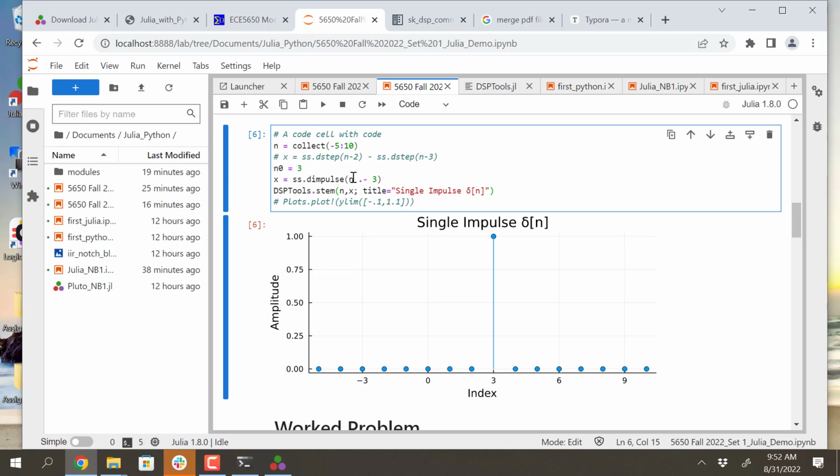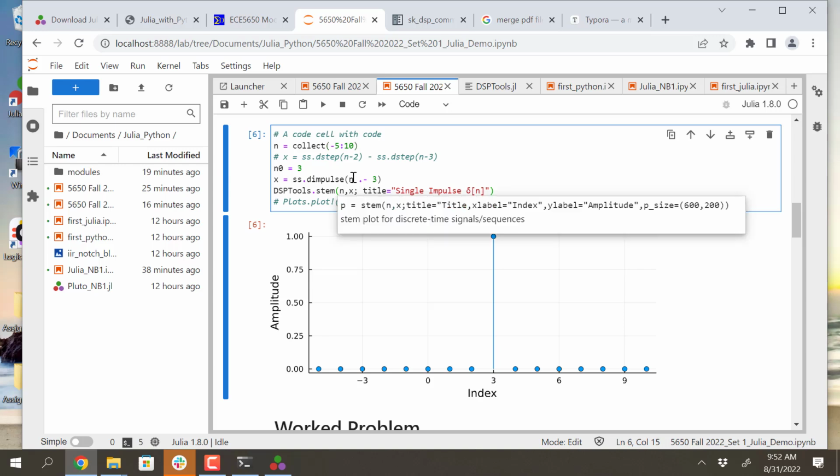And then my stem function plot, it just gives me the doc string, a very simple doc string I wrote for my stem function helper in DSP tools. It just says put in N and X, and then you can optionally define a title with these things.